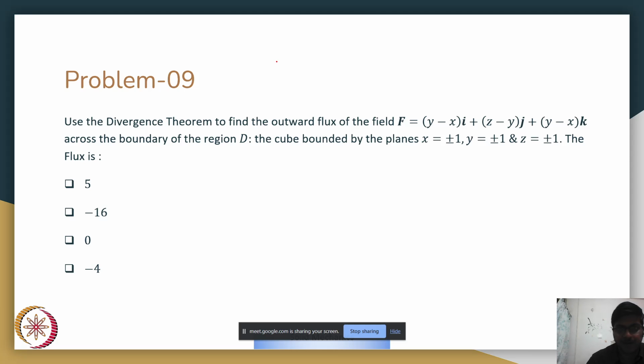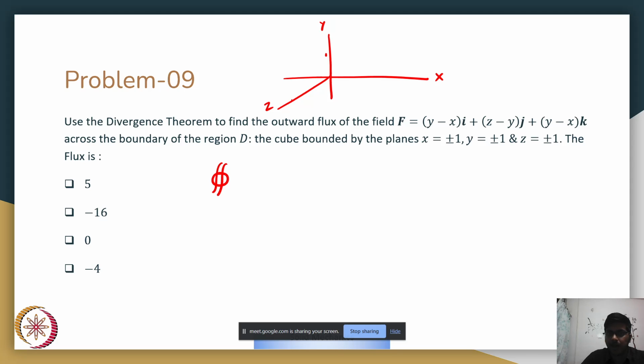Now we have been asked to use the divergence theorem to find the outward flux of F across the boundary of the region D. I'll first draw out our D. It's essentially a cube bounded by x equal to plus minus 1, y equal to plus minus 1, z equal to plus minus 1.